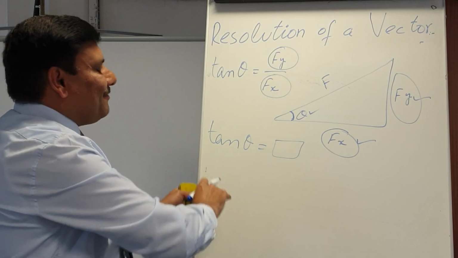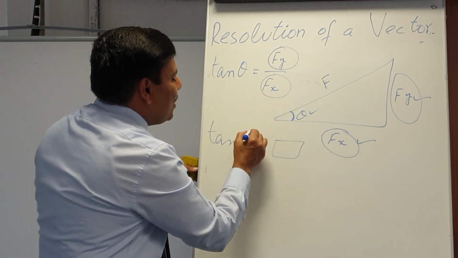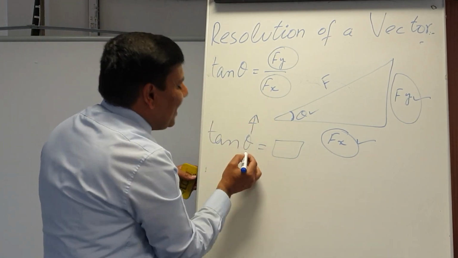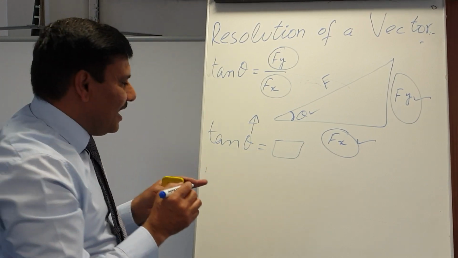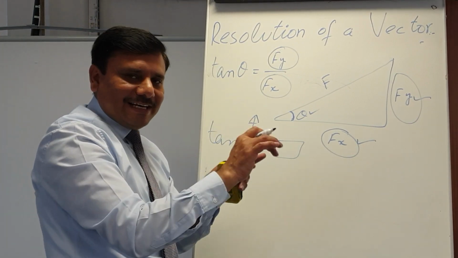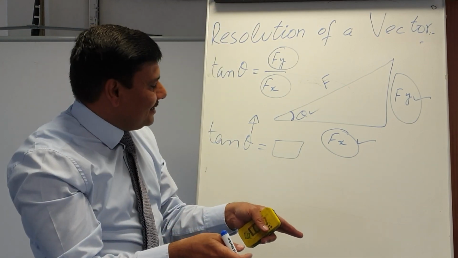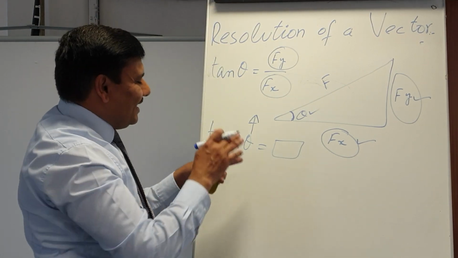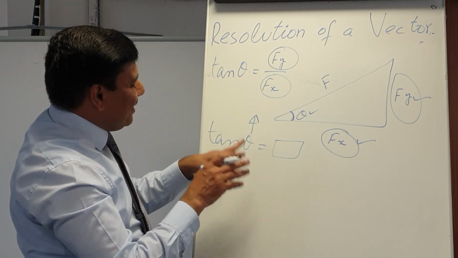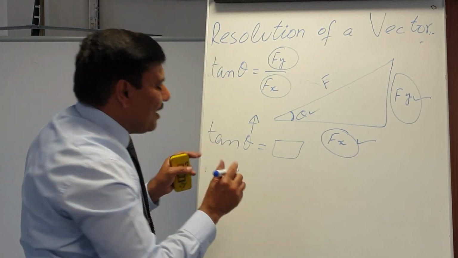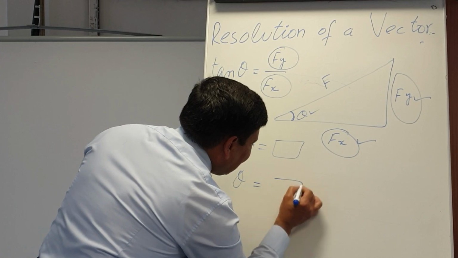So if you know the value of tangent theta, then you can also find the value of theta, because you will simply take the inverse of tangent on a calculator. So taking the inverse tangent, you would be able to find the value of theta.